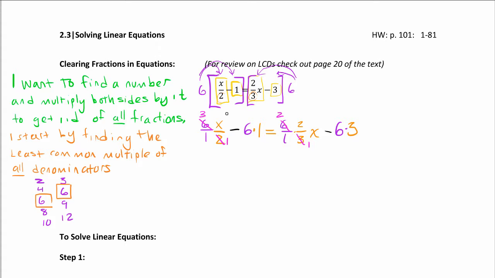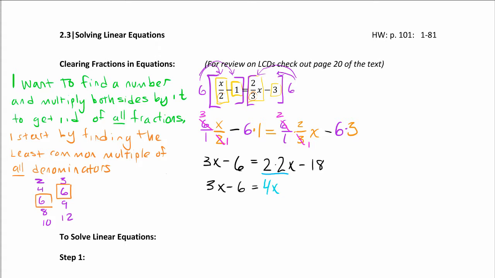So what I end up with is 3 times x minus 6 times 1 is just 6, and that equals 2 times 2x minus 18. Simplifying that one term gives me 4x minus 18.